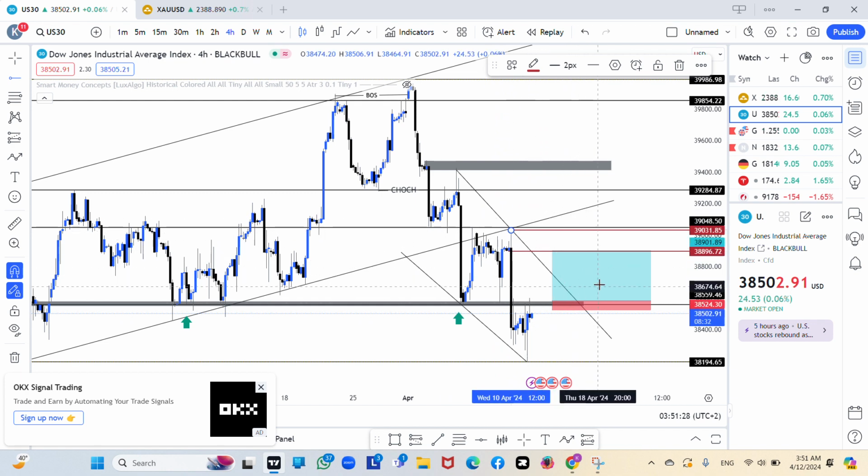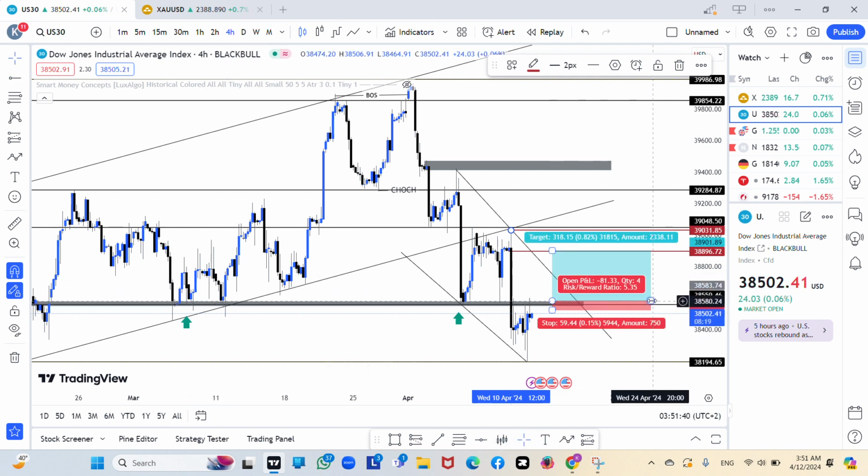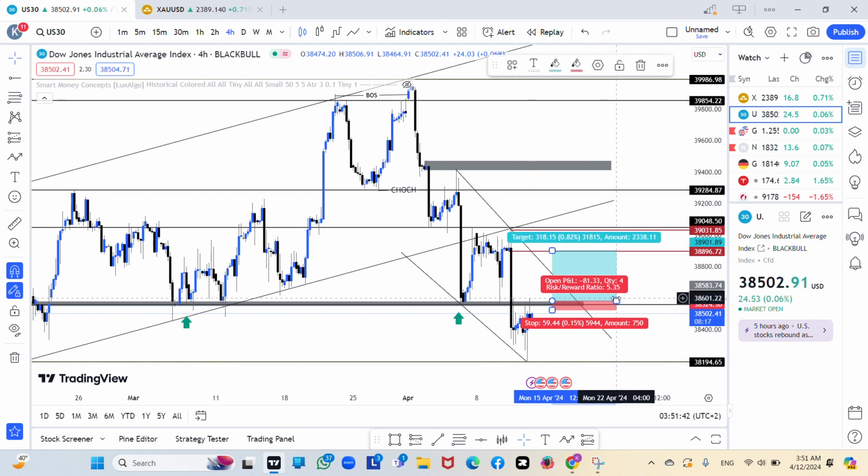So price will be confirming buys. Price will be telling us that we'll be having some buying opportunities. Hence I'm having my TP right there, guys.